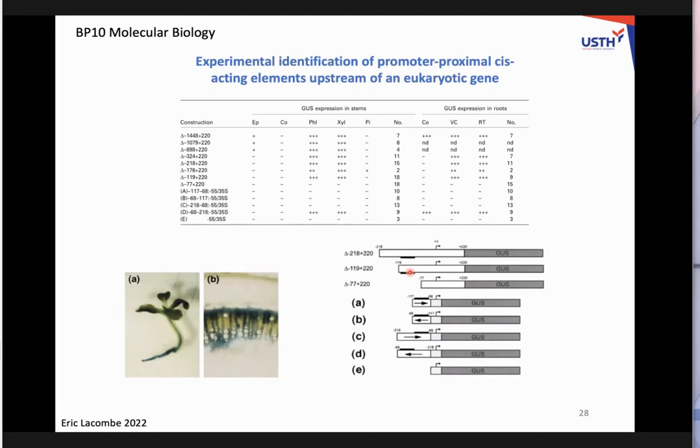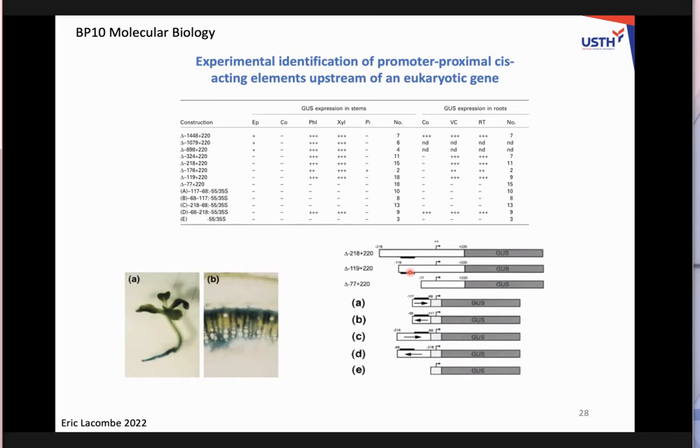So you understand, I hope, that the structure of a promoter is completely different from the structure of a coding region. Because in the coding region, if you invert the orientation of one piece of coding region, it doesn't make any sense because you cannot translate a sequence which is reversed. But for a promoter, the location in the sequence is very important because it's a question of DNA flexibility and the possibility of interacting with the pre-initiation complex containing the POL2.